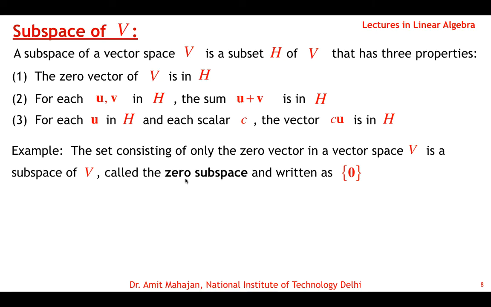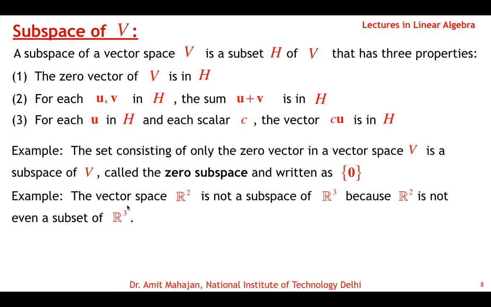The second example is that the vector space R2 is not a subspace of R3. In fact, any vector space Rm is not a subspace of Rn when m is not equal to n, because they are not subsets.